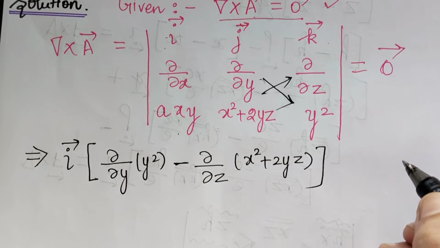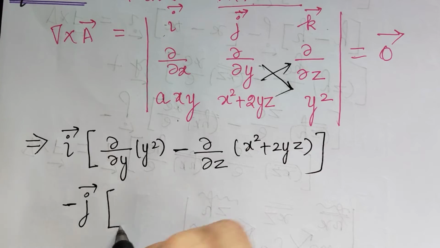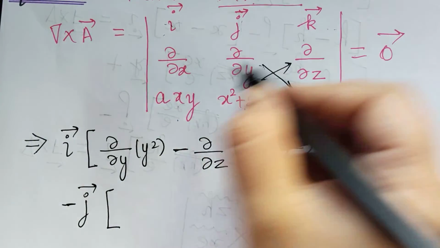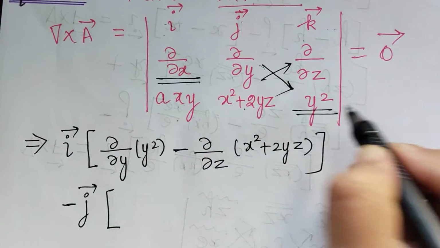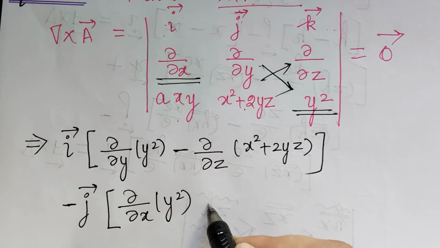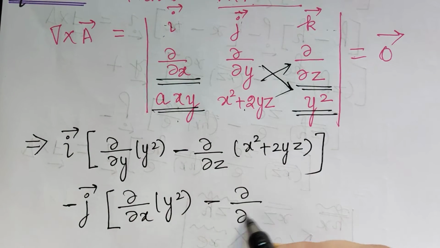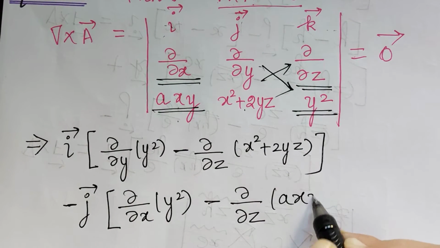And then we have j vector, for which we should write minus j vector multiplied with, block this column, block this row. So dou by dou x of y² minus dou by dou z of axy.